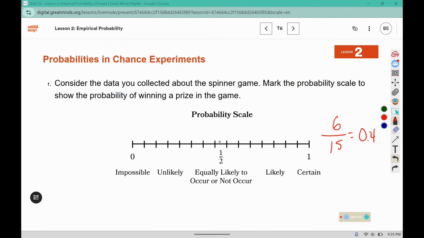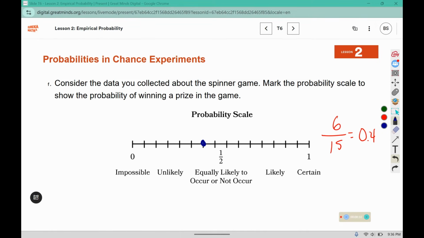So if this is 0.5 here at 1/2, we would mark it at 6 out of the 15. So 1, 2, 3, 4, 5, 6. Out of the 15 total. It is closer to unlikely than likely, but that's just based on my experiment.